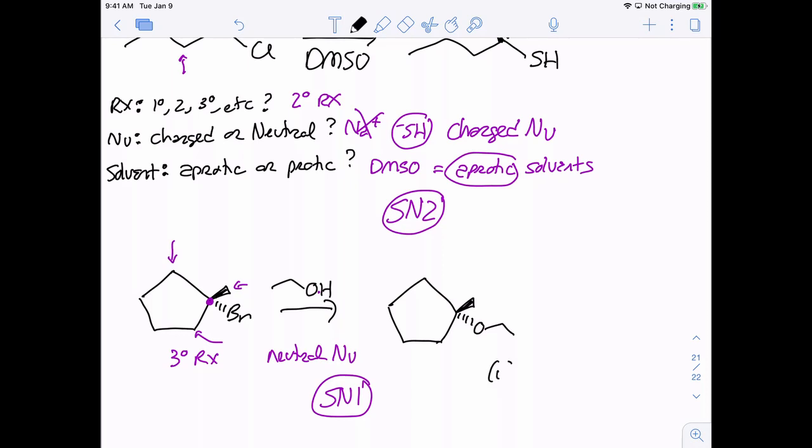But if chiral, either draw both enantiomers or put that little plus minus on it, or diastereomers if I had two chiral centers, which I actually probably would. Let's do both stereoisomers.